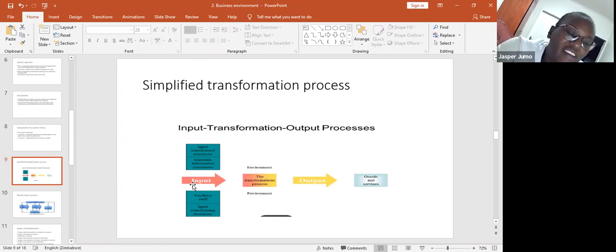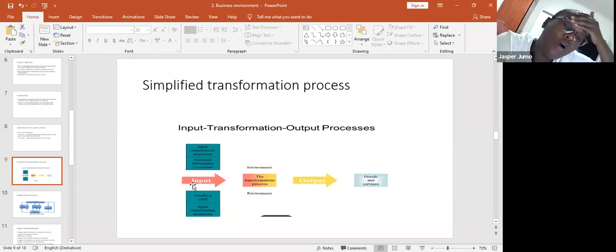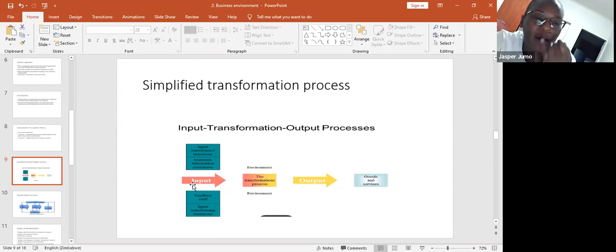But like I said, this is the simplest form of transformation. You do have transformation where you come out with services at the end. You do have transformation which is more complicated than just mixing some ingredients and putting them in an oven.